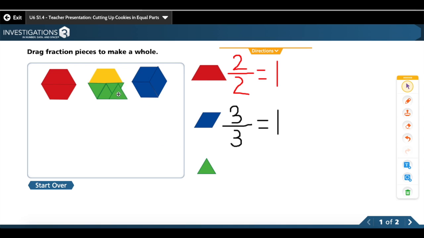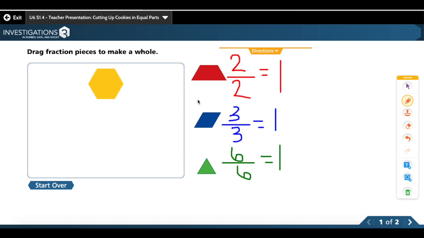It's half of my trapezoid that is filled. 4, 5. So how many pieces did it take to make my whole here? How many parts? For my triangle, I had 6 parts that made up my whole, which is equal to 1.